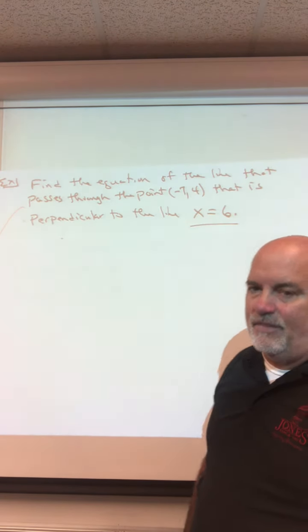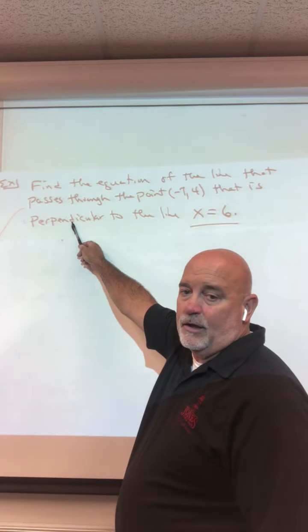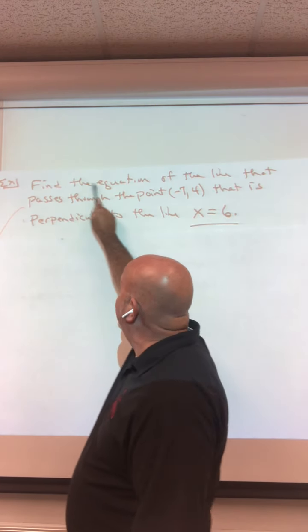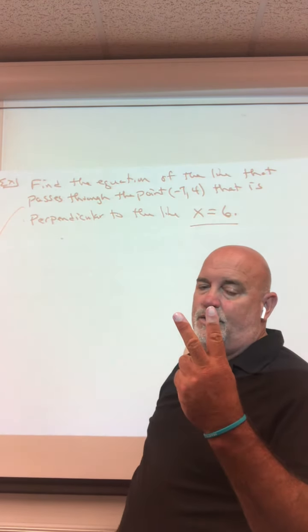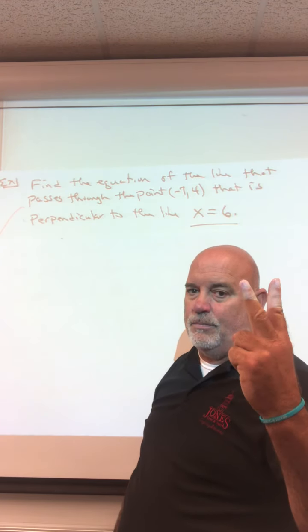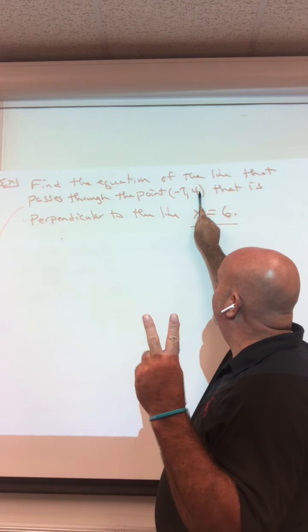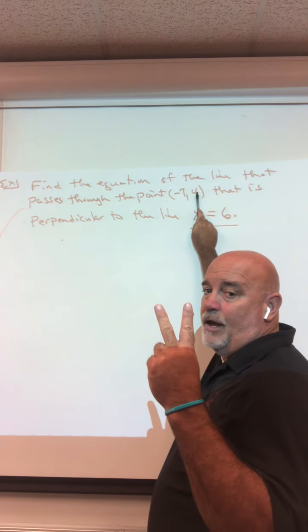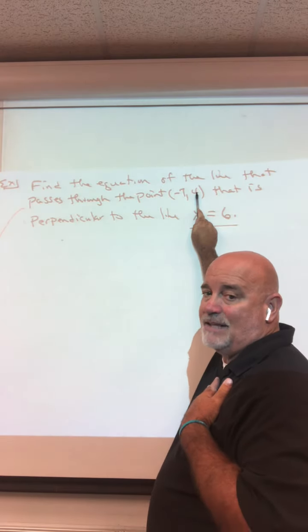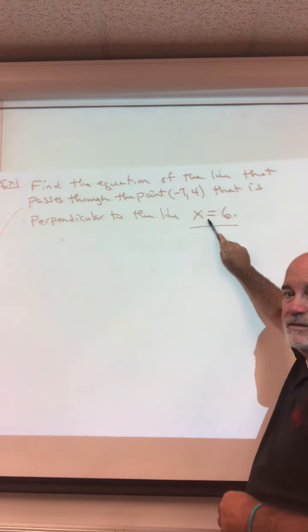Now, let me show you why this one goes fast. All right, perpendicular. Find the equation. What 2 things do we have to know? A point and the slope. Do we have a point? Yes, we do. Do we have a slope? No. But we know that my slope is perpendicular to this.